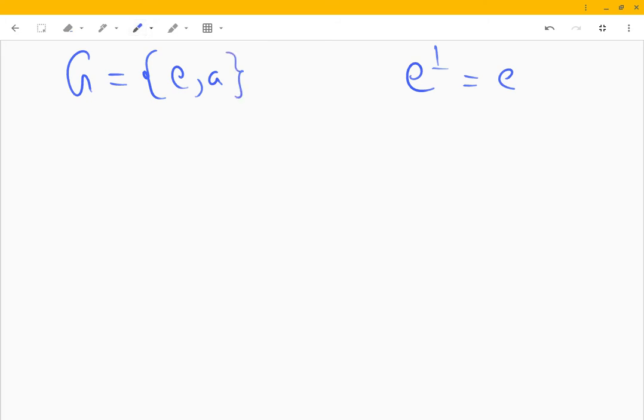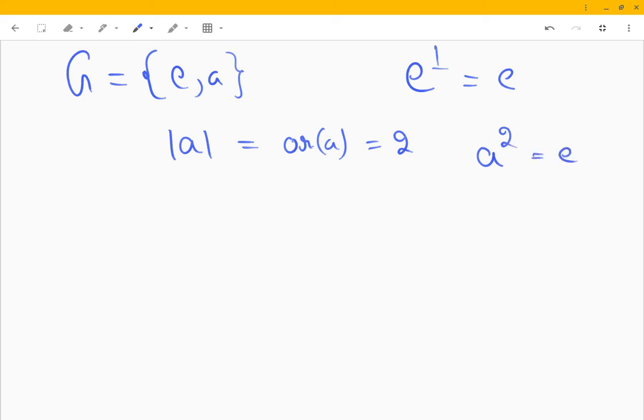Let's say the order of A is 2. This means that A square is identity.